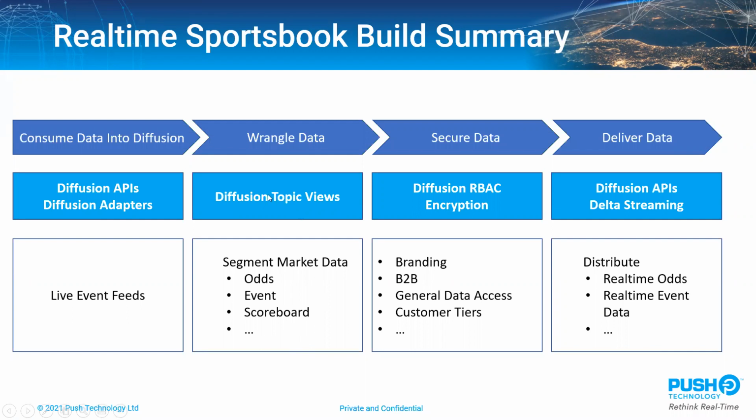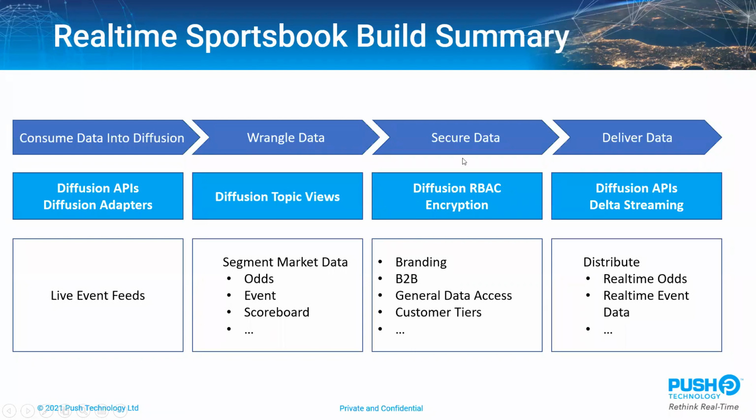And then starting to dynamically create these Diffusion topics and segment the data into market line odds, into event types, into live events and incidents that are happening inside of the scoreboard, but using the data wrangling capability to eliminate the code that's needed to do this and allow Diffusion to segment this data for you at scale and speed into potentially millions of different topics inside of Diffusion.